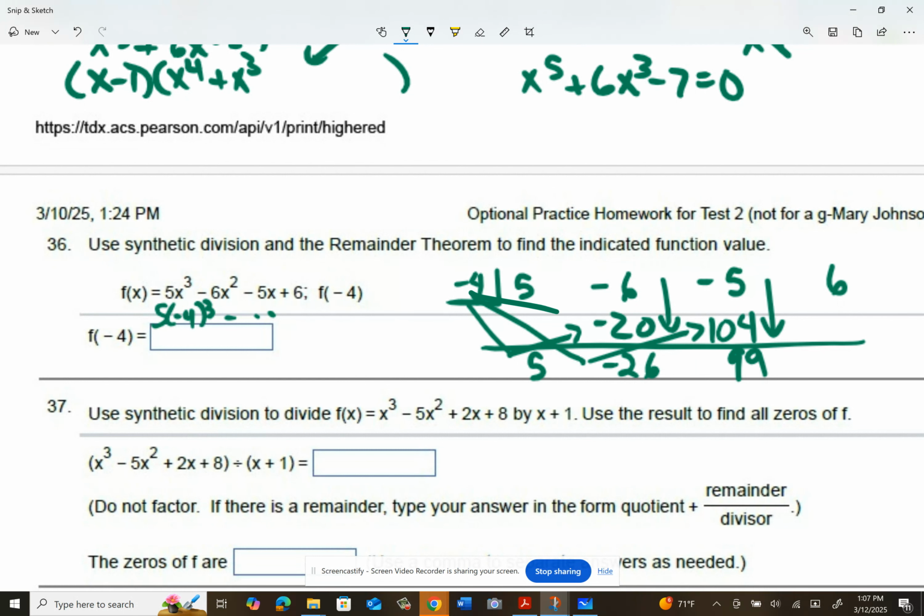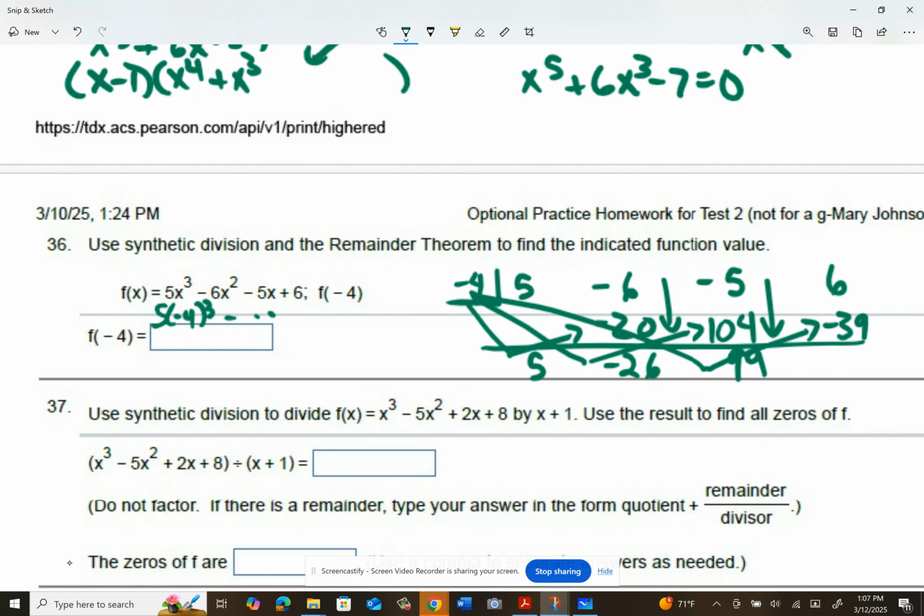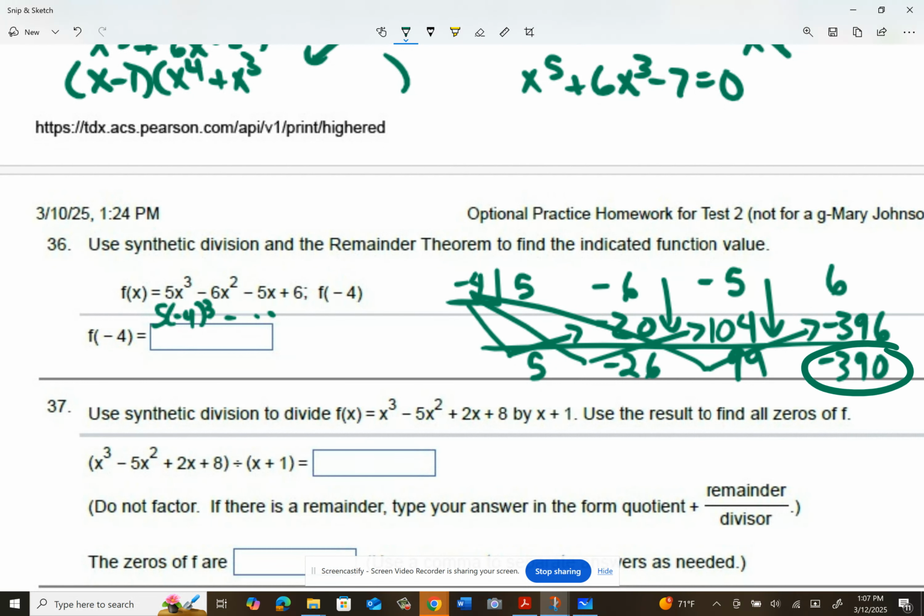And then when I do -4 times the 99, I get -396. And then when I add 6 to that, I get -390. So that's the answer. Okay. So the value of the function at -4 would be -390.